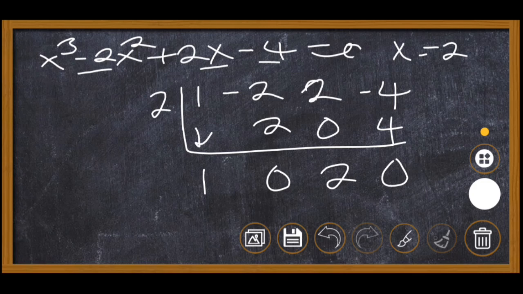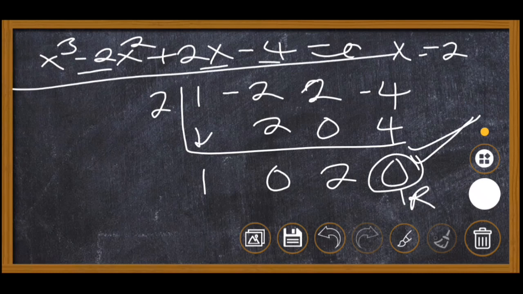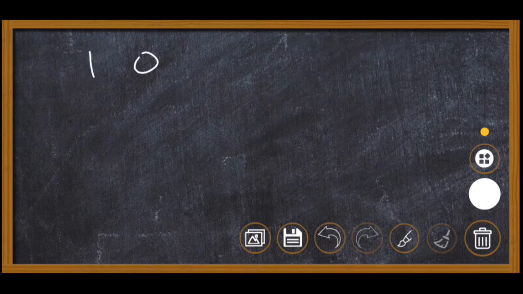So this last part here describes our remainder value. If you have been asked to find the remainder, then this is your answer. But if you have been asked either to factorize or solve this expression, it means your area of interest should be the first 3 values. So the first 3 values we have are 1, 0, and 2.